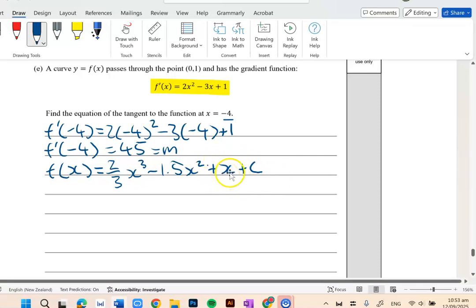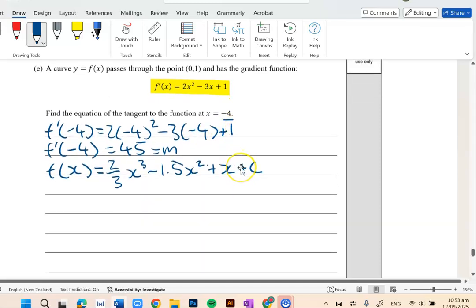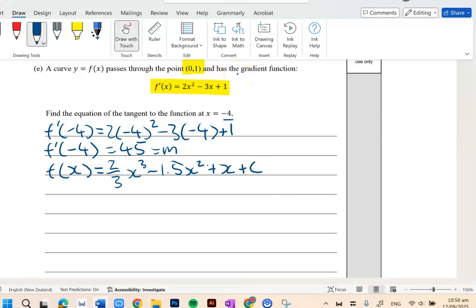Now, what we're going to do is find what the c value is. So the x and y: 1 equals 2/3 times 0 cubed minus 1.5 times 0 squared plus 0 plus c.